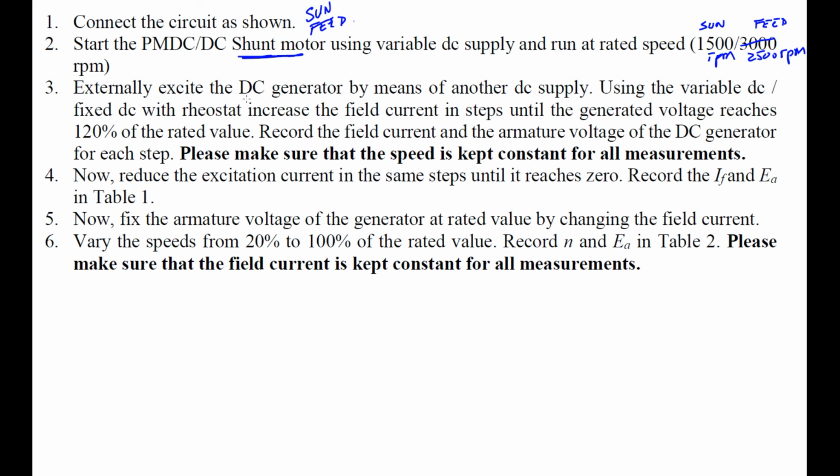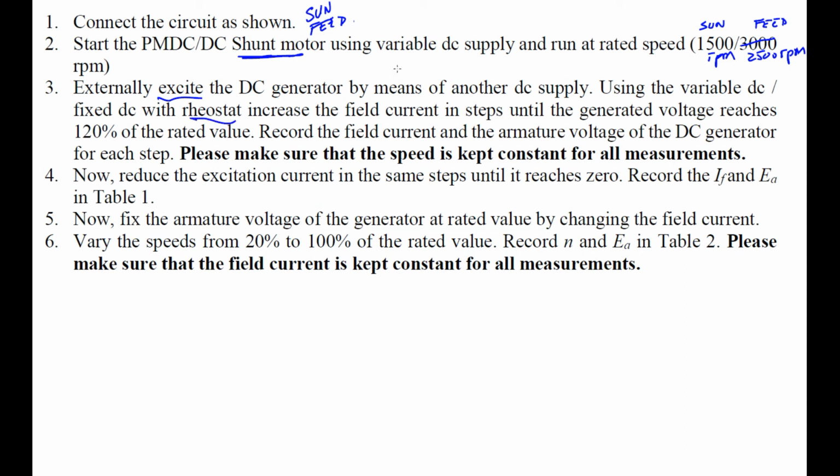Now from the generator side, we have to excite our generator. So we have to use the other variable DC. And you remember we used a rectifier for the sun station to make variable DC, and a rheostat for our feedback station.